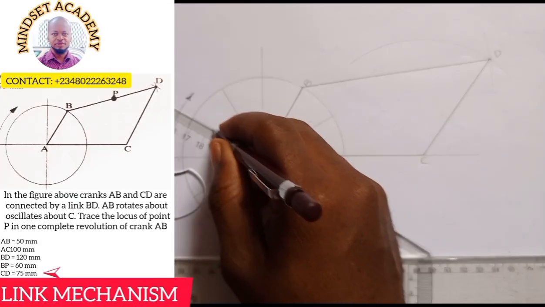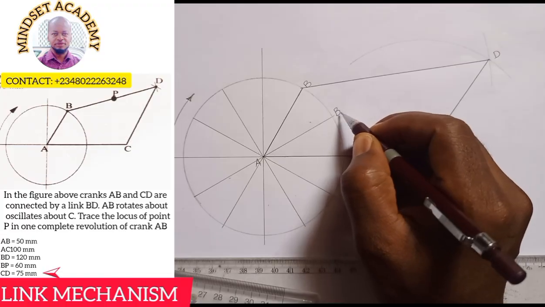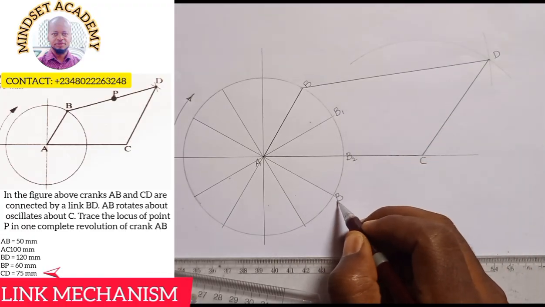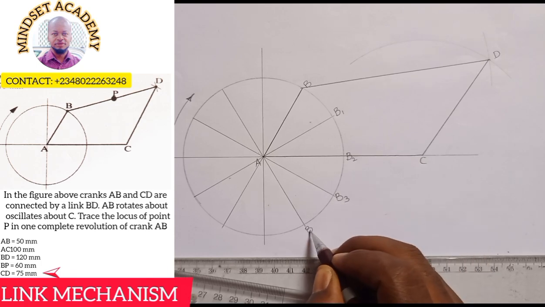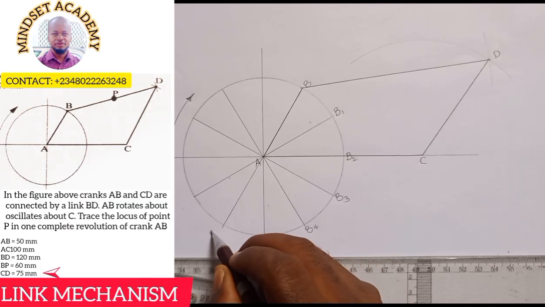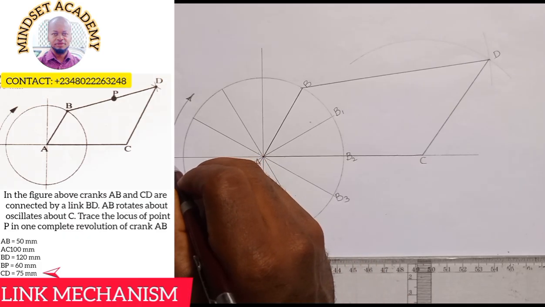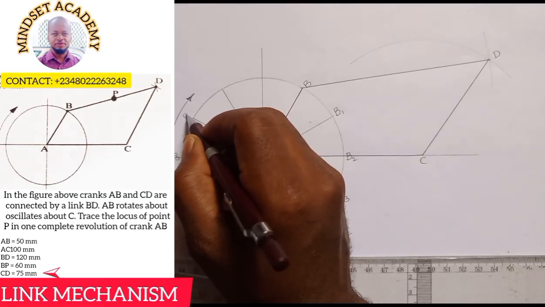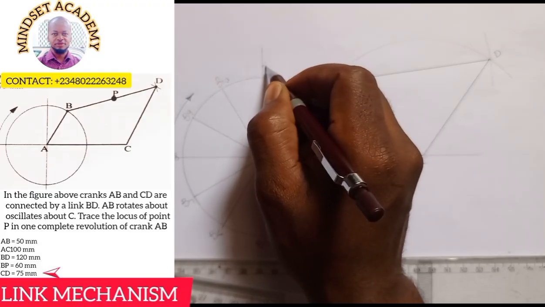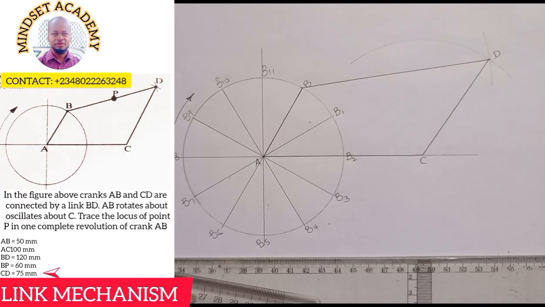I'll also have this. So since it's going clockwise, here will be B1, here will be B2, here will be B3, here will be B4, here is B5, this is B6, this is B7, and we have B8, here B9, here B10, here B11, back to B. That is one complete revolution.